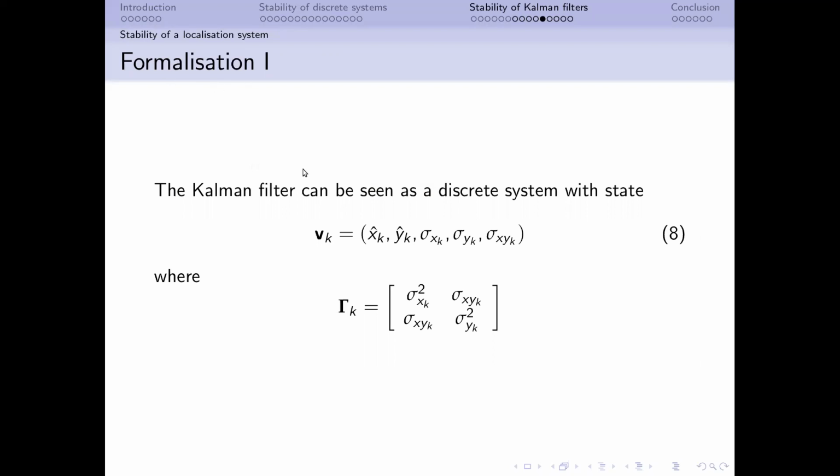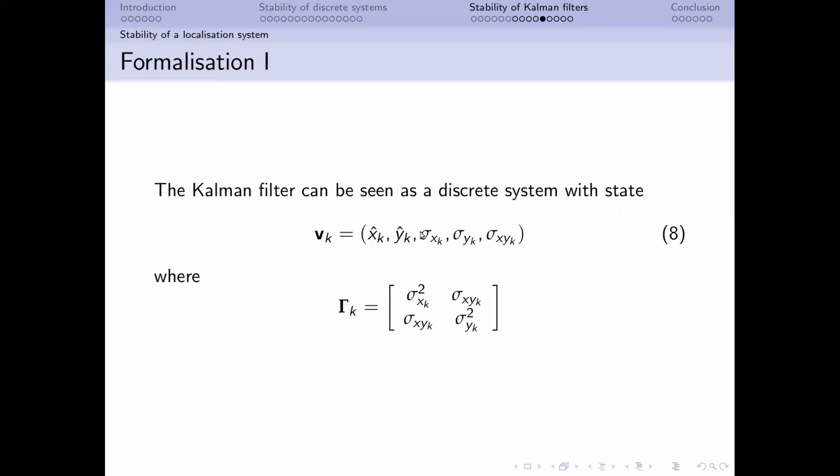So as I said before, we have to transform the Kalman filter as a discrete time system. So let's write the state of the Kalman filter as the vector vk, which contains the estimation of the position and the components of the covariance matrix of the system. So we'll represent it here by the sigma values.